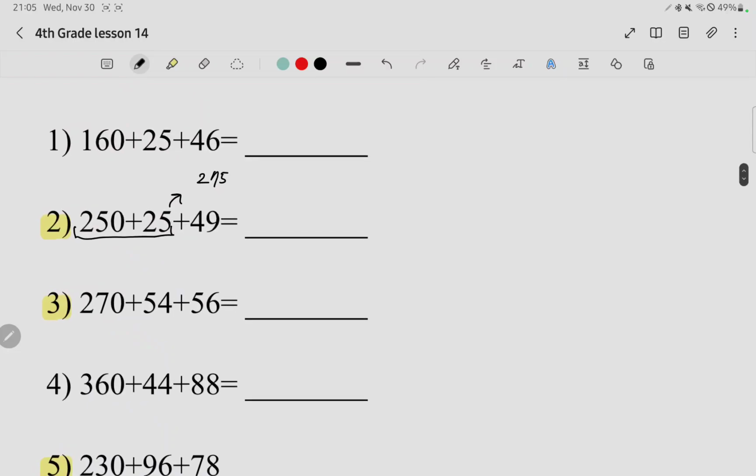But if you can't do it, then what you can do is write 250, and then bring your second term right underneath the first term and then add it. 0, and then 0 plus 5 is 5, and 5 plus 2 is 7, and always the blank space is 0, so this will become 275.